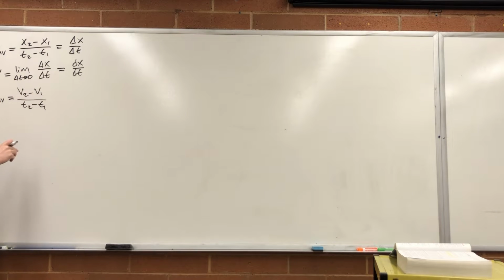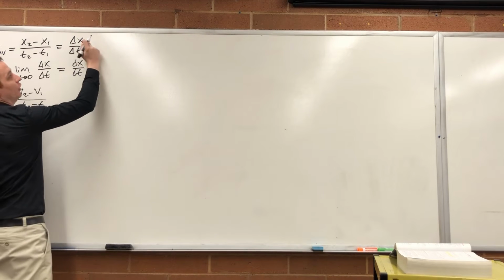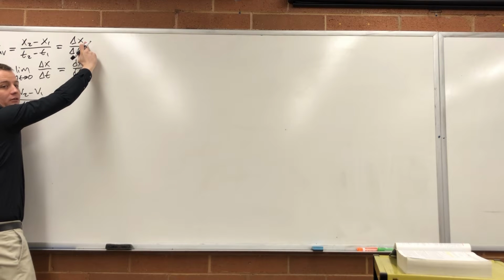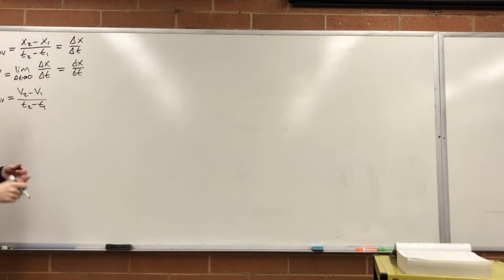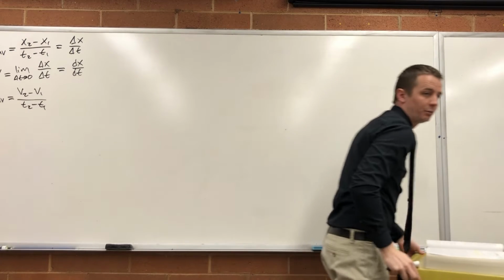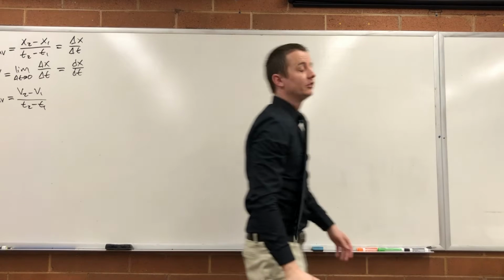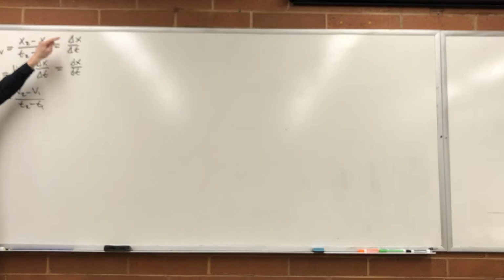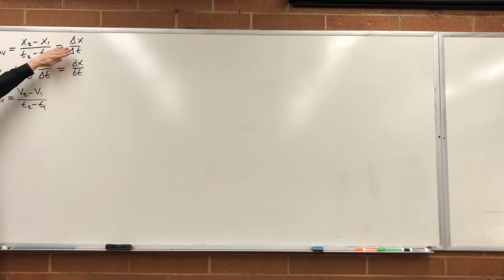Let's think about the units of these really quick. So average velocity, notice the units up here. Delta x is what? Position. What's the units on that? It's just meters. It's a change in position. Delta x is your final position minus your initial position.